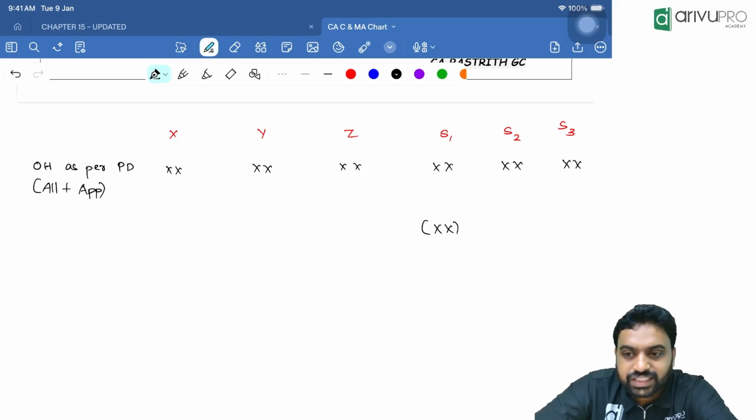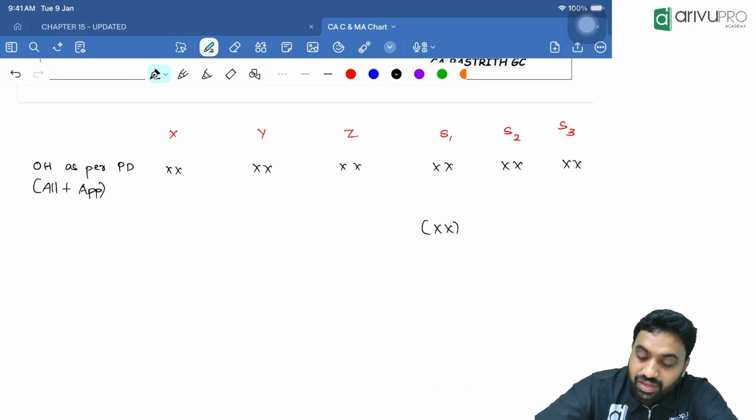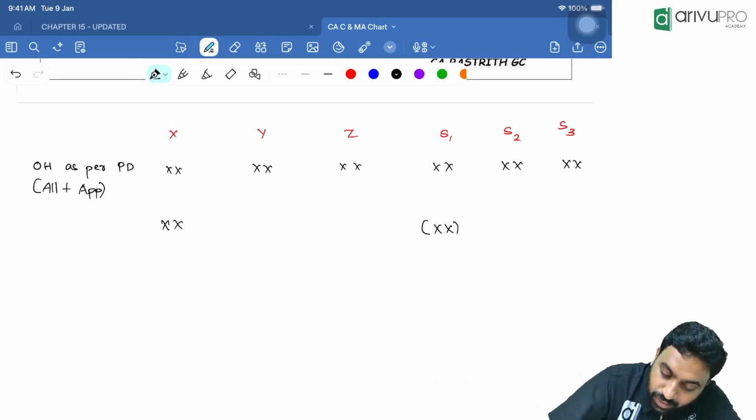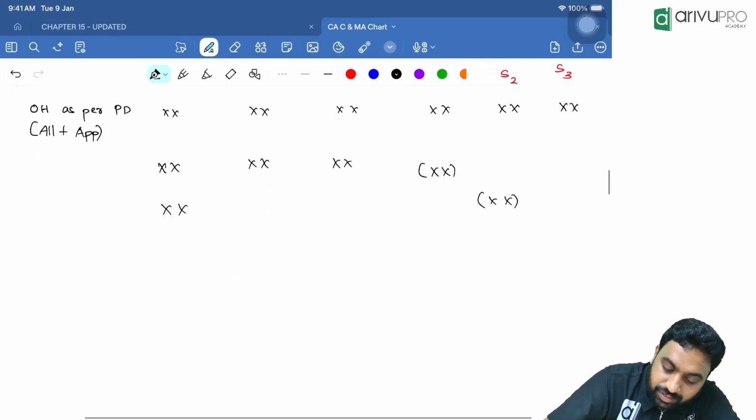Let's say we understood that no service department is providing service to any other service department. That means all the service department overheads, whatever is there, shall be charged to the production departments only.